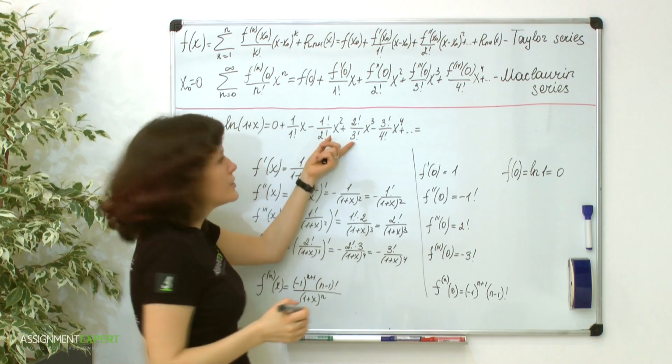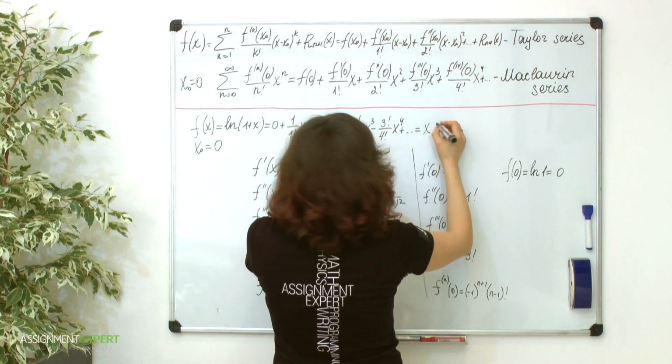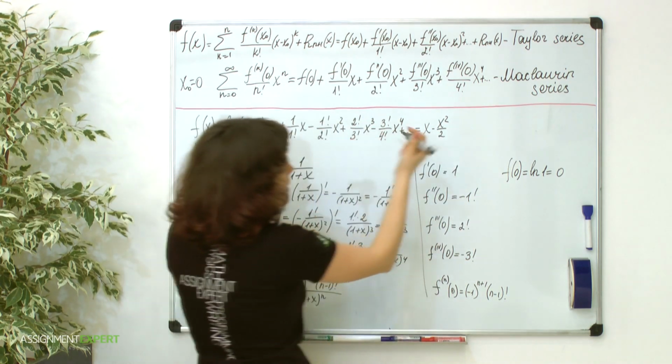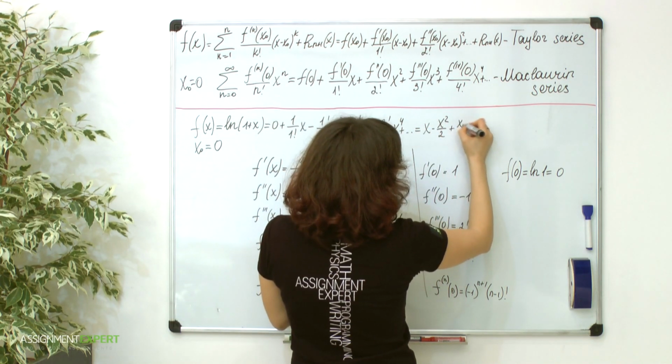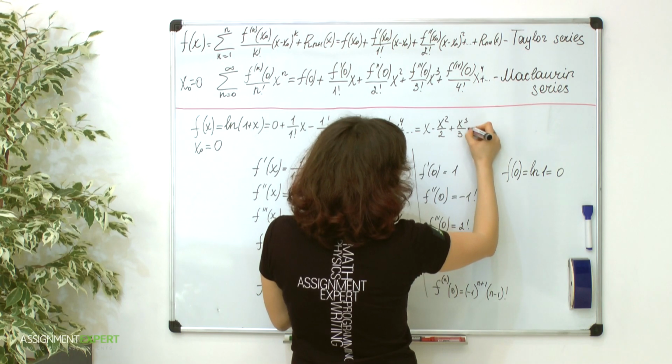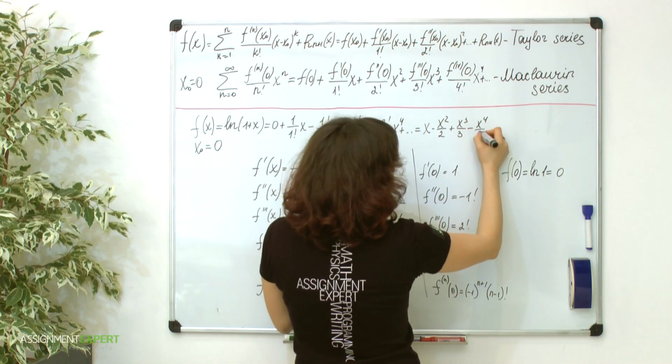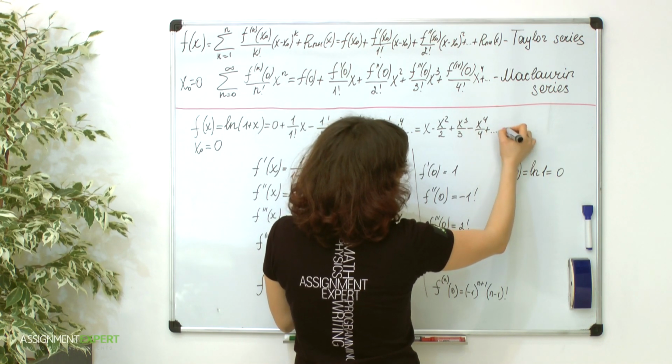Or that is equal to x minus x squared over 2 plus x cubed over 3 minus x raised to the fourth power over 4 plus and so on.